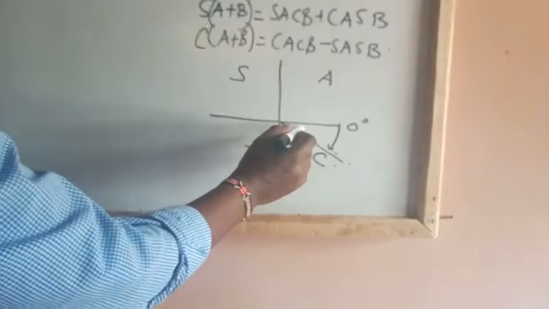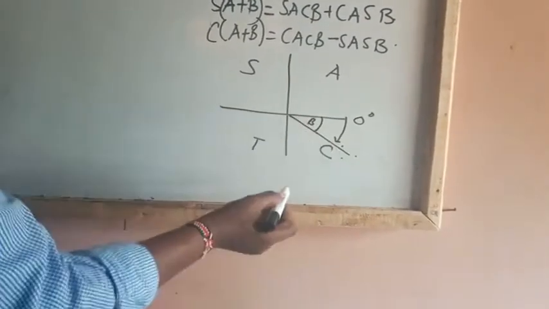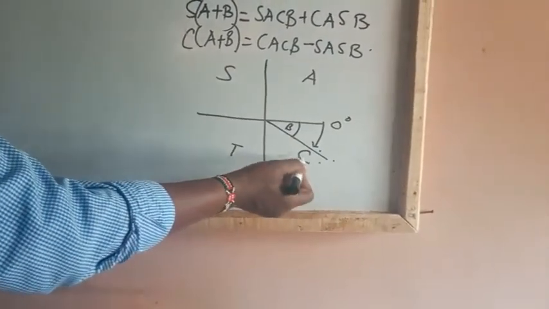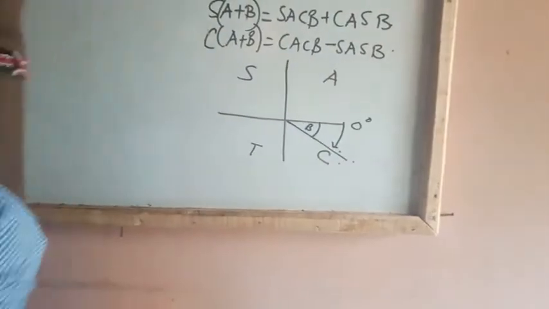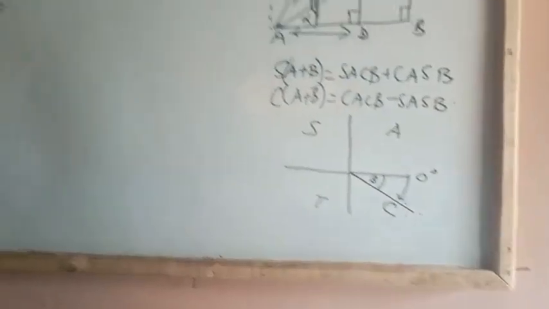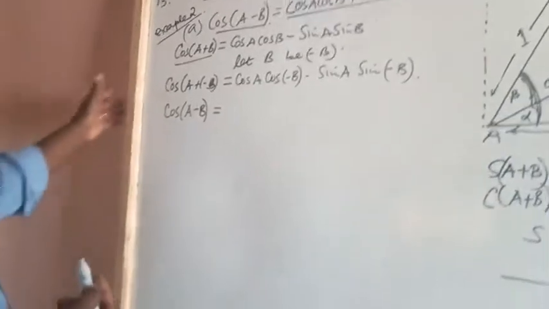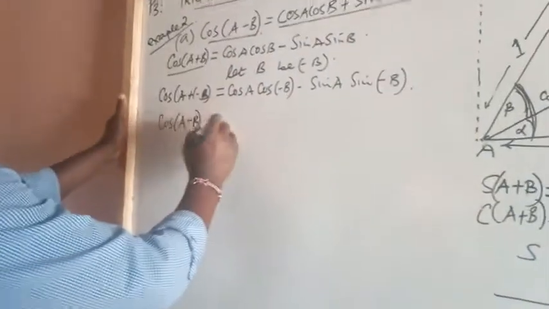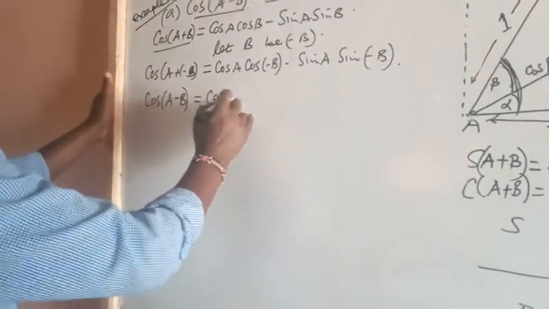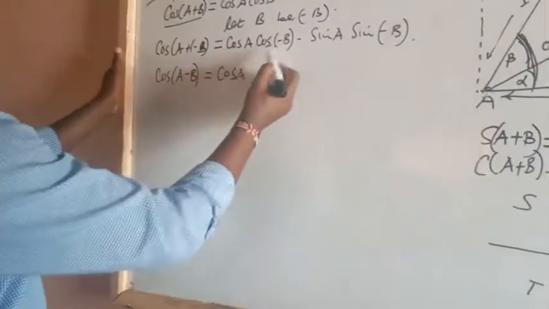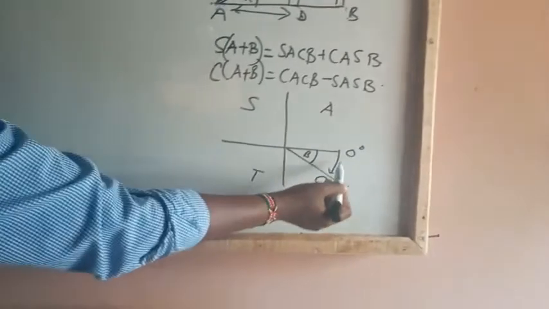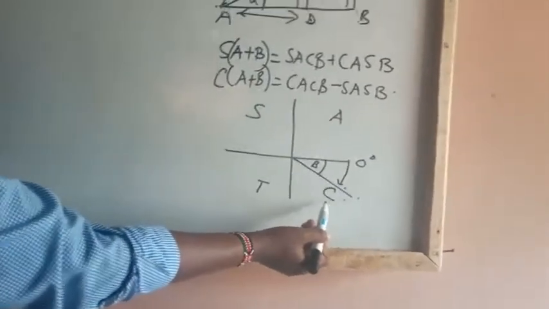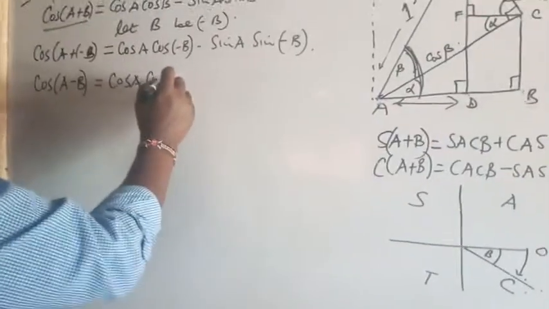And in the fourth quadrant, you can see only cosine is positive. The rest are negative. So let's see. The cosine of A stays, and the cosine of minus B is positive in the fourth quadrant, so it remains the cosine of B.